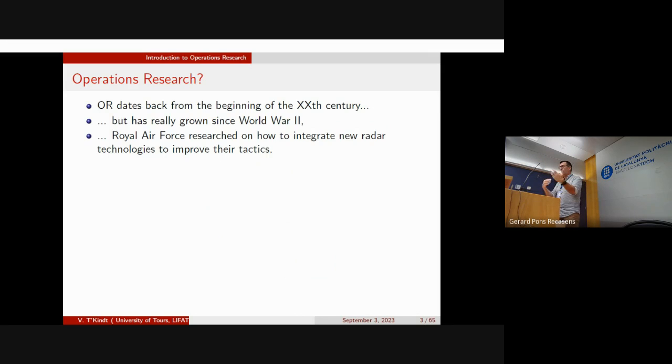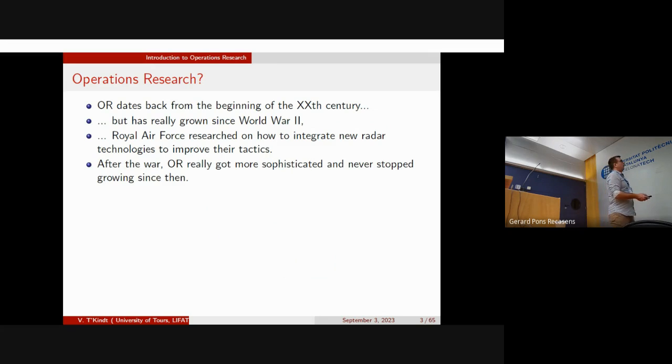And so started the first optimization problems that at this time our British friends called operations research. And after the Second World War, a lot of interest has been gained in this topic, and now it's a very well studied research area.